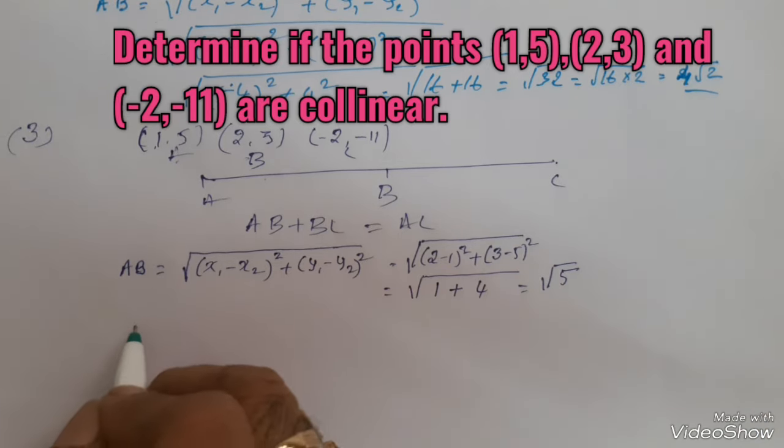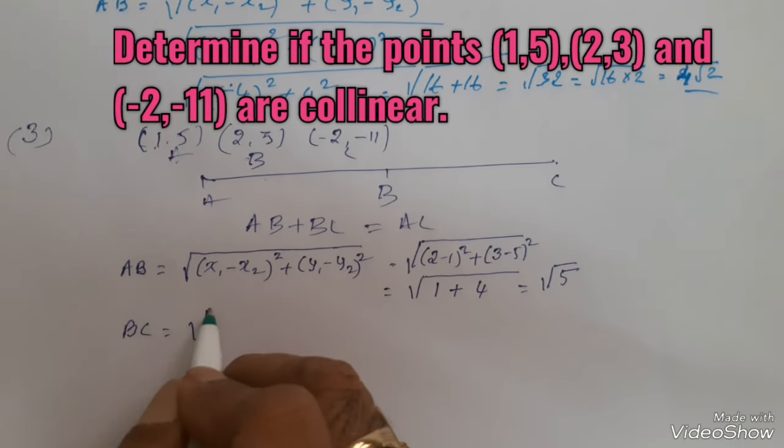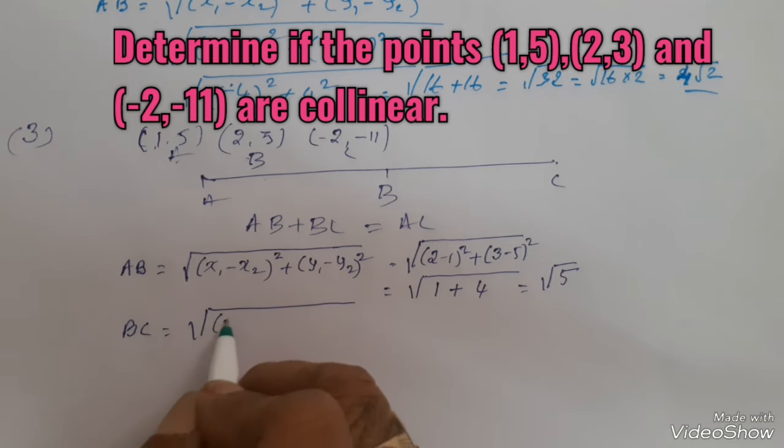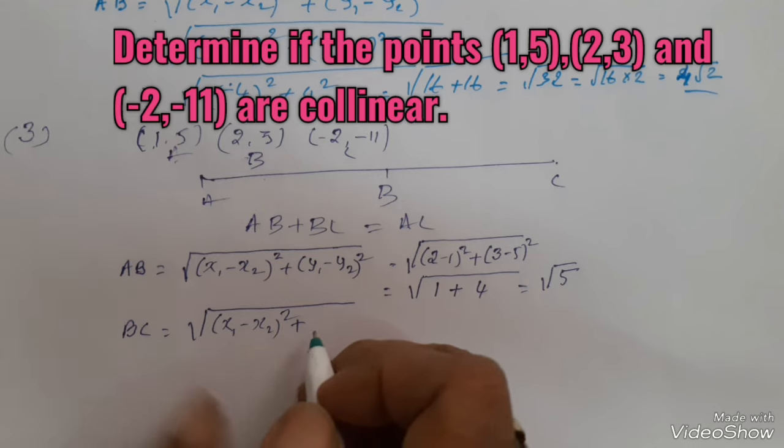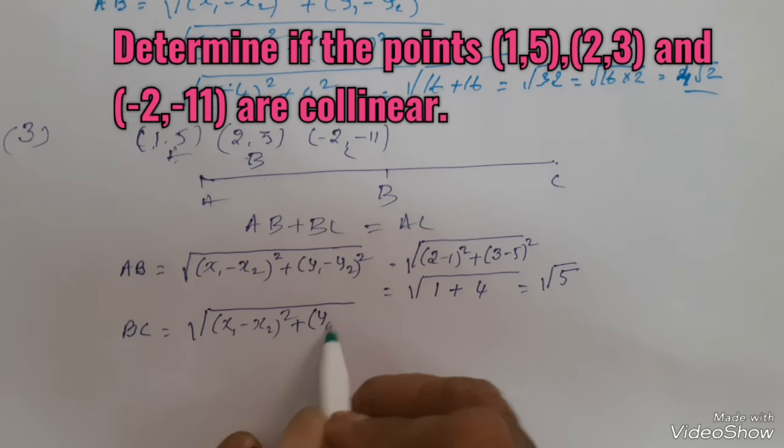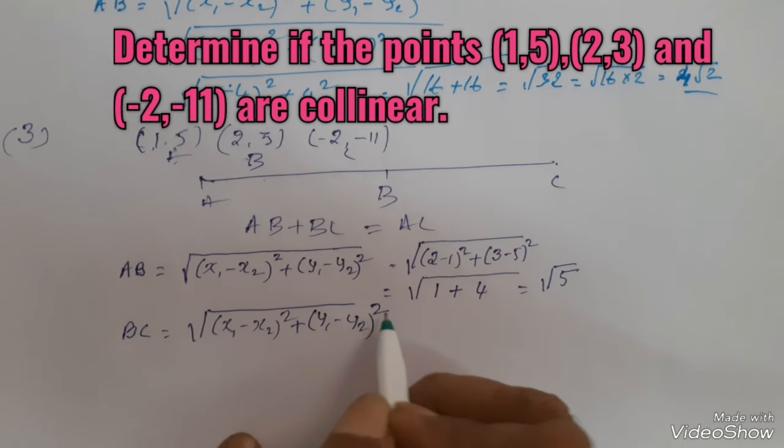Similarly, you find the length of BC with the same formula: (x1 minus x2) whole square plus (y1 minus y2) whole square.